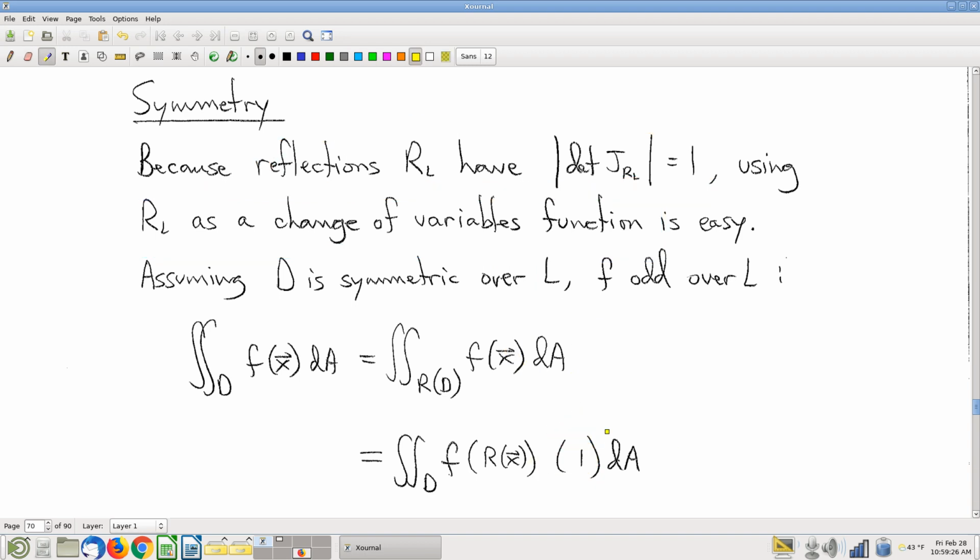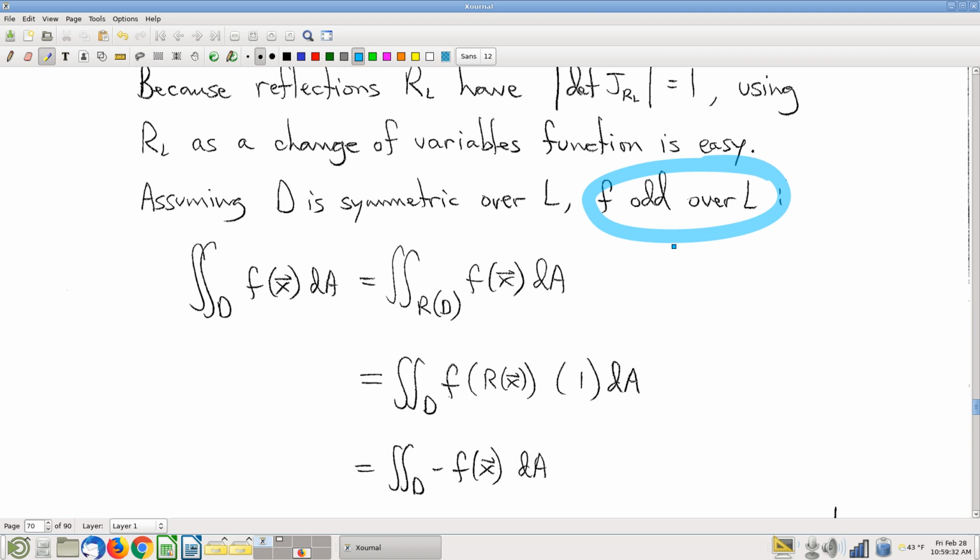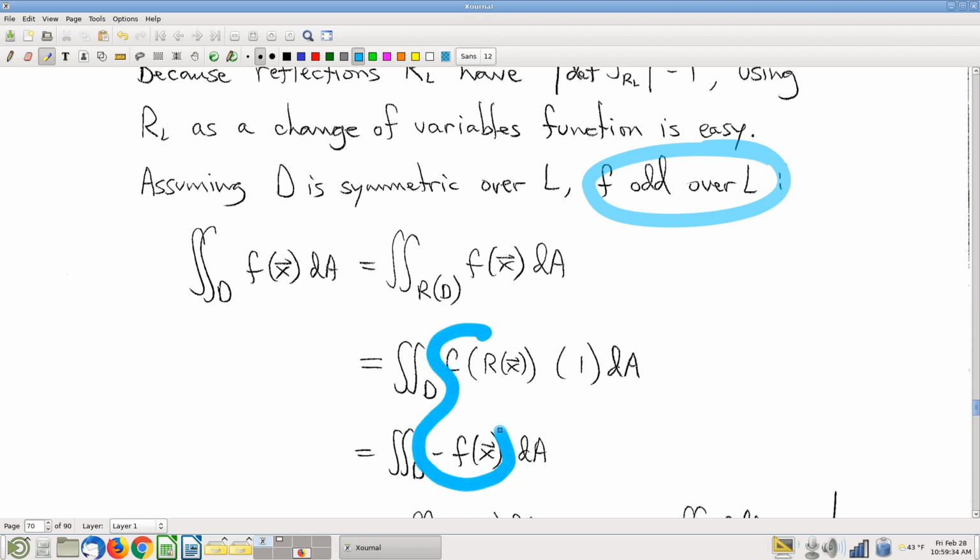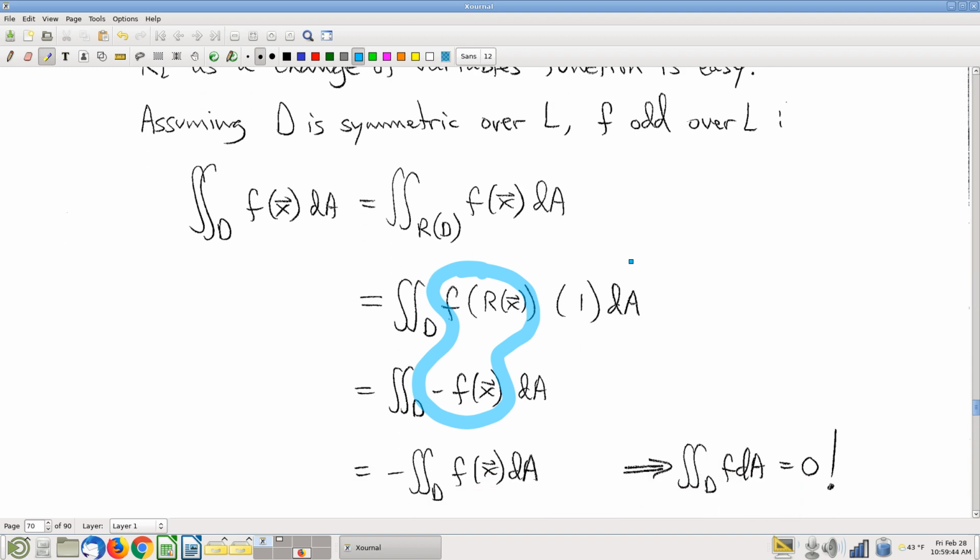Now, don't forget, the other assumption: not only is the domain symmetric, but furthermore, the function in question is odd. Because the function is odd, I can rewrite f at the reflection as the negative of f at the original point. And it's all over but the shouting. You move this minus sign over to here, and check it out.